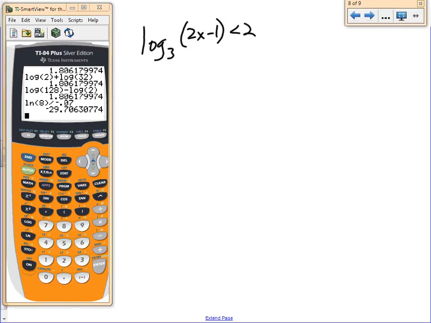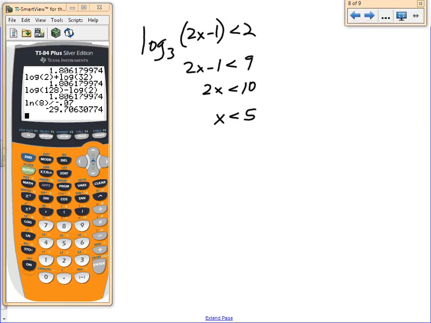Less than 2. So when I circle that up, I get 2x minus 1 less than 9. 2x is less than 10. X is less than 5.